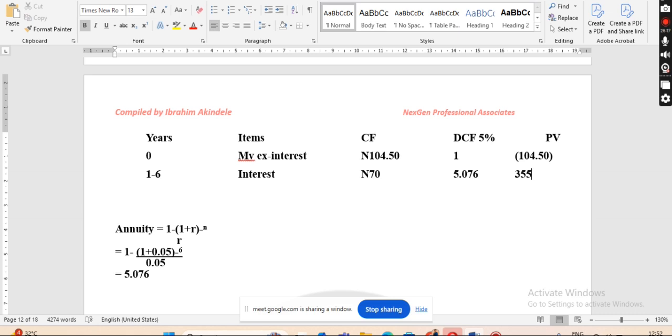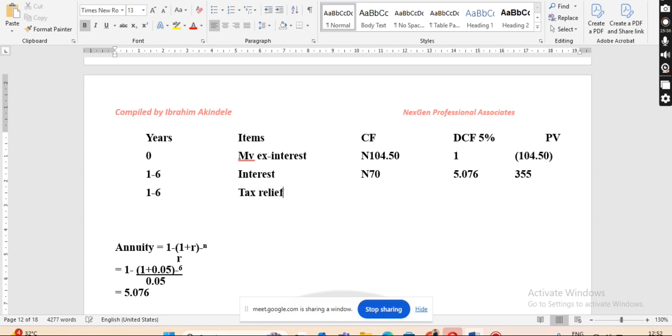The next is, don't forget that there will be a tax relief on the interest. Because you pay interest from year 1 to 6, definitely there will be a tax relief on the interest from year 1 to 6. So how do we do that?